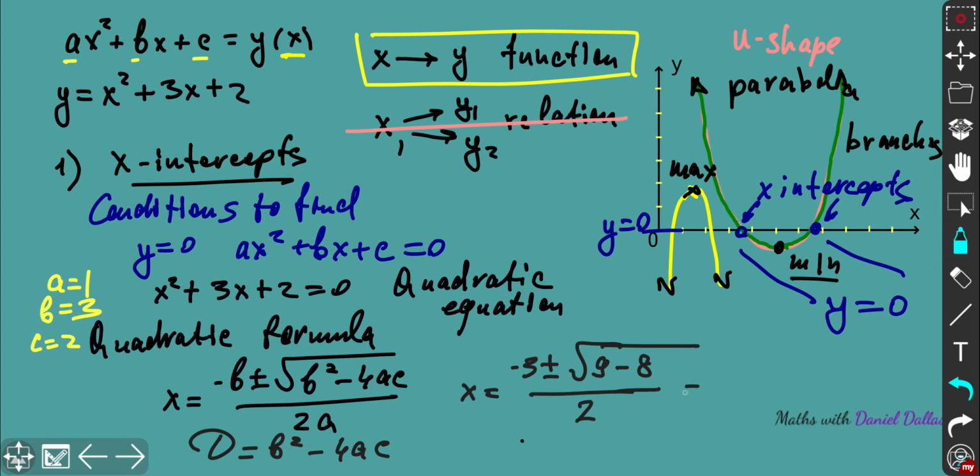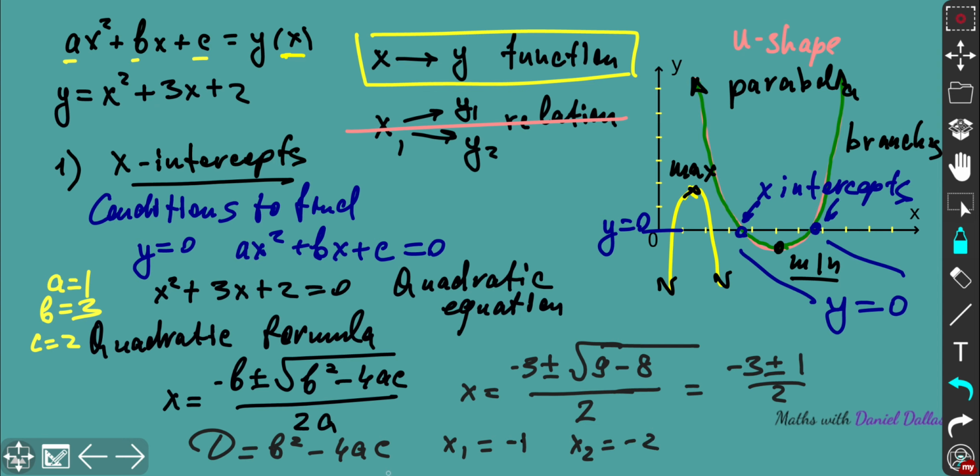So finally you'll have minus 3 plus or minus 1, over 2. Let's take first the plus: minus 3 plus 1 gives minus 2, over 2 is negative 1. And for the second root, using minus, you'll get minus 3 minus 1 over 2, which is minus 4 over 2, so minus 2.